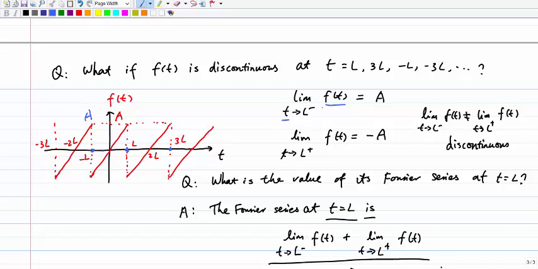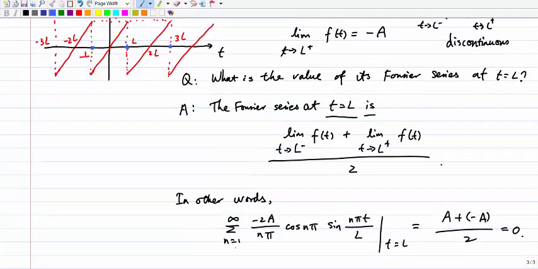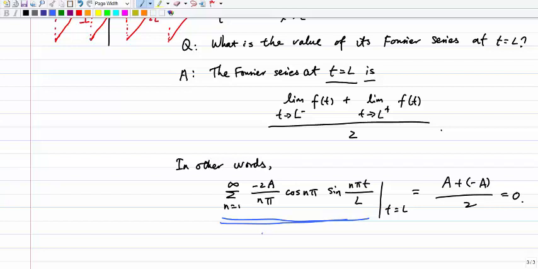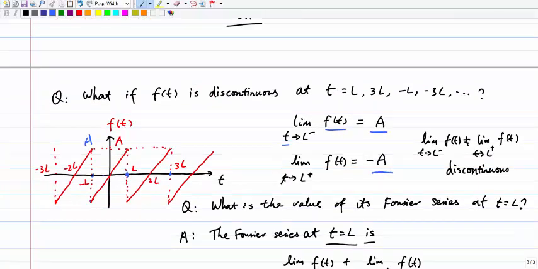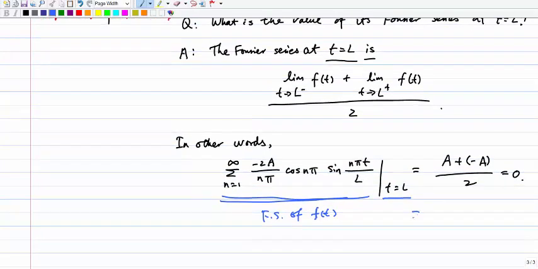The limit from the left hand side of L is A. The limit from the right hand side of L is negative A. So the value of the Fourier series of f(t) at this point is just given by the average of these two values.